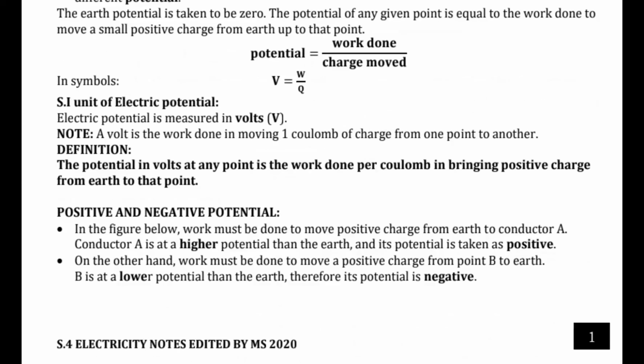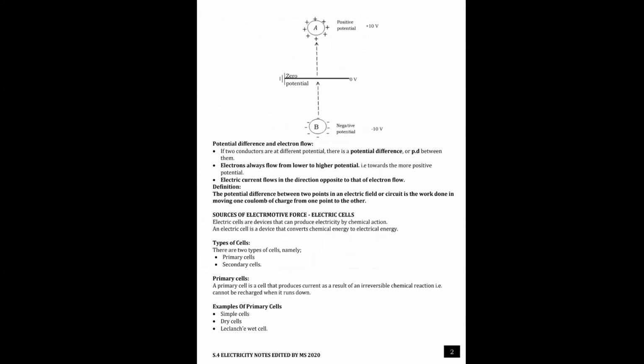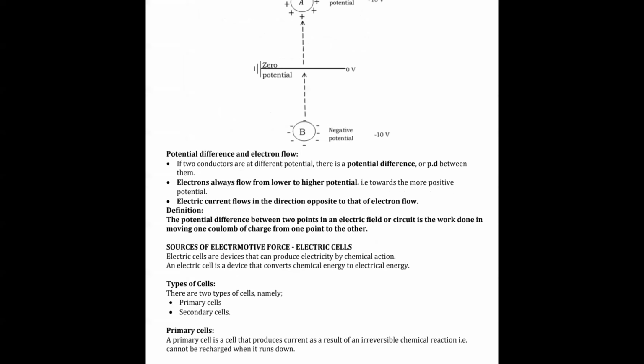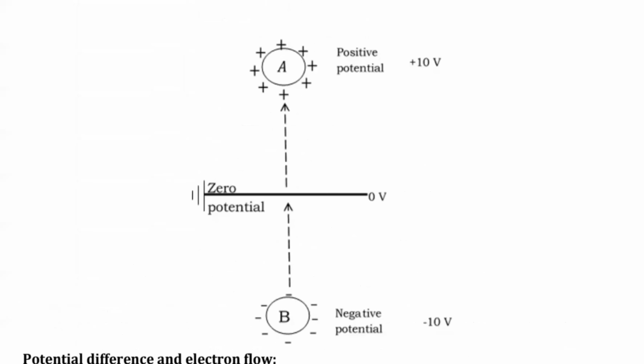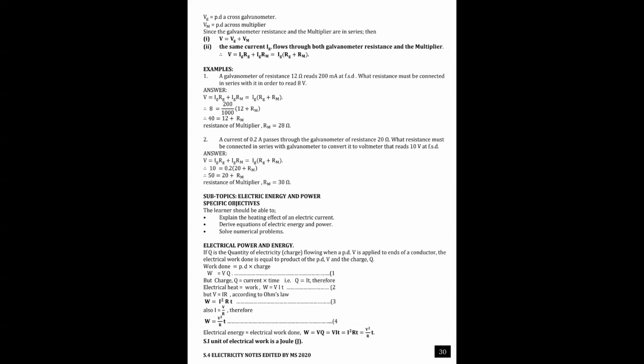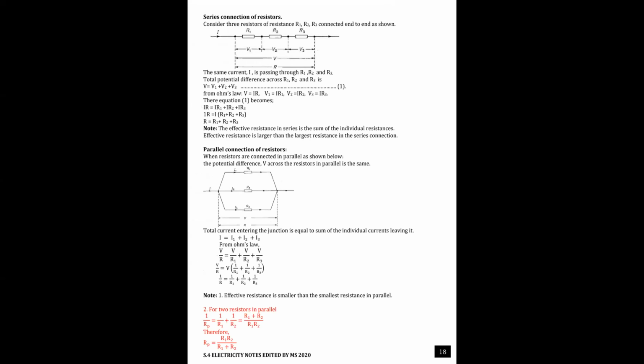There is a figure that we are going to look at. Let's first put the figure here. Now, if you look at this figure, we have positive potential and we also have negative potential.